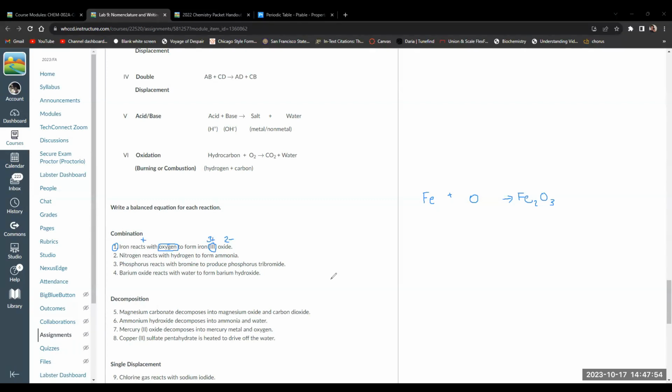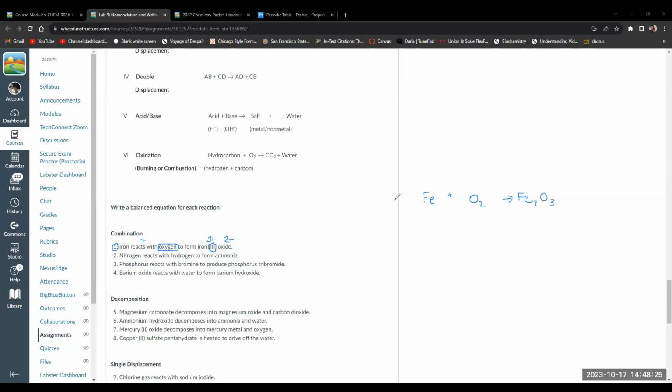Diatomics mean that in the natural state of this element, there's actually two of them. So are we done? Actually, we're still not done.